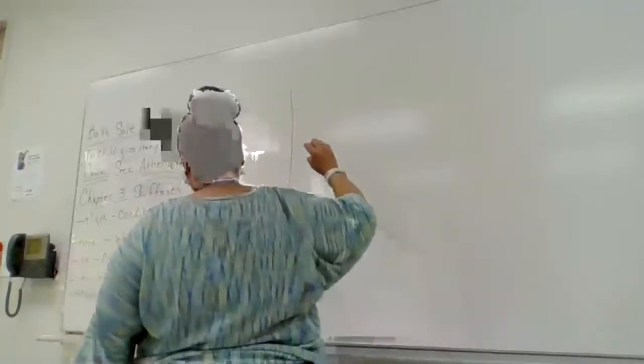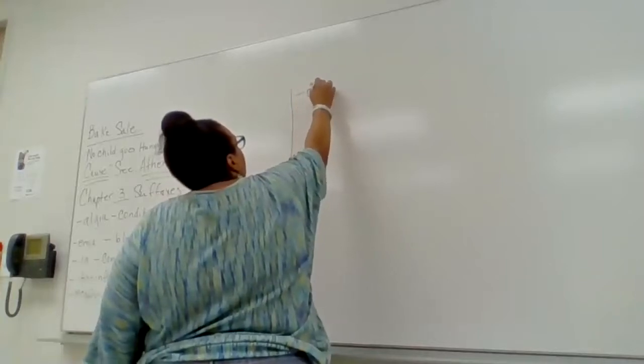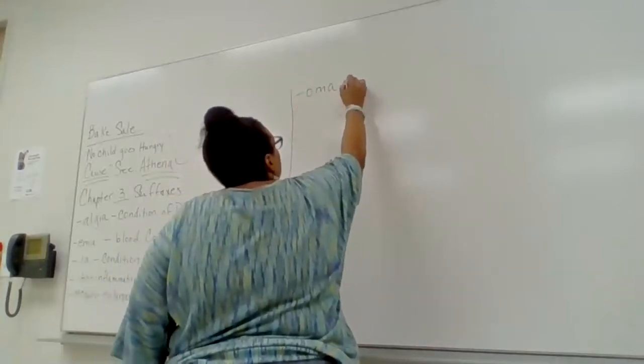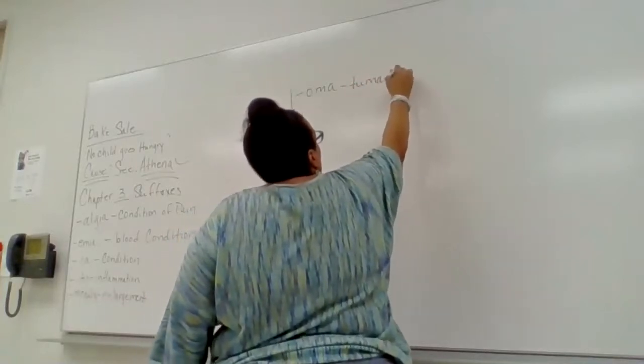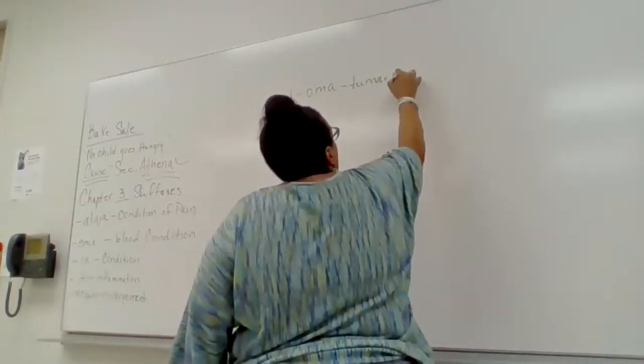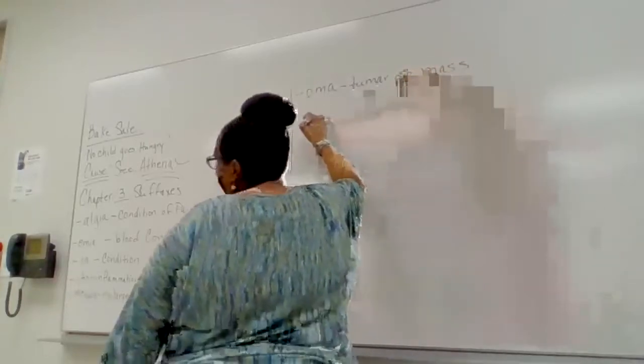What's the next one? Oma. How do you spell it? O-M-A. Oma means tumor or mass. Okay. Florida, what's the next one?